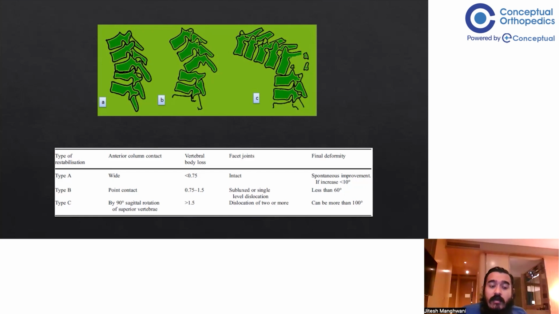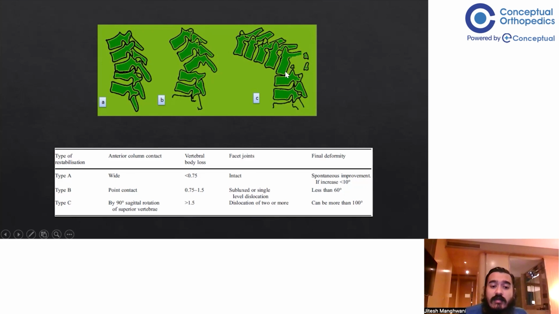So type A is when the anterior column contact is wide. As you're seeing, the anterior column over here is very much wide in contact. And over here, the anterior column is only in point contact. So this is the wide contact of the anterior column, and this is the point contact.